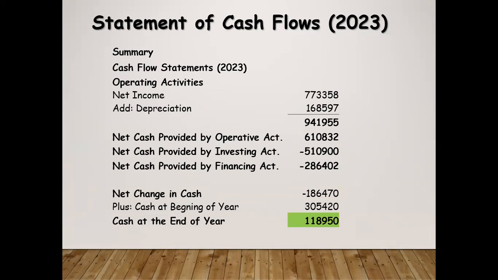Their sum will be equal to minus 186,470, and you will add the cash at the beginning of the year. That will be the closing balance for the previous year, that is 305,420. The ending cash will be equal to 118,950. So you can verify it.